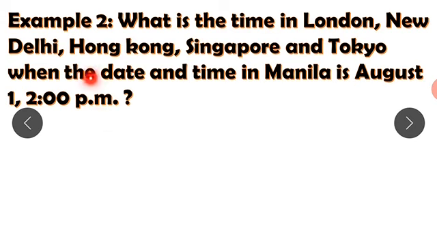Since our time is 2 p.m., we should first get the UTC by subtracting 8 hours, or going back 8 hours, because we are 8 hours ahead of Greenwich Mean Time. So we should go back 8 hours from 2 p.m.